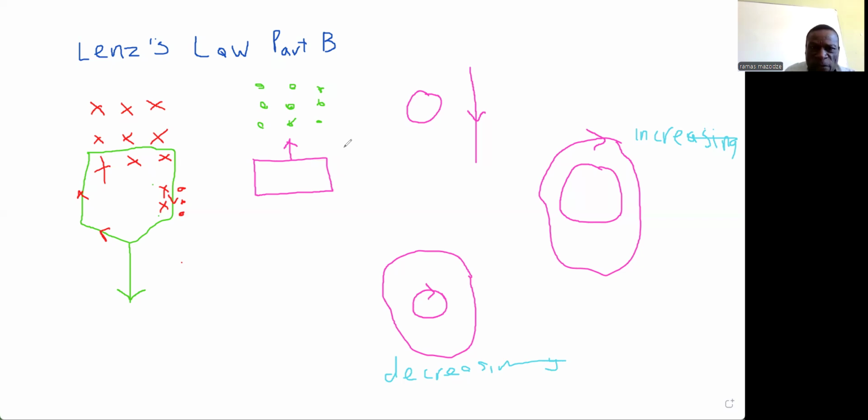Since the coil is moving towards the magnetic field, the change is definitely an increase. So if it is an increase, the field inside the coil, let me take this side again, will be opposite, like that, which is exactly like this one.